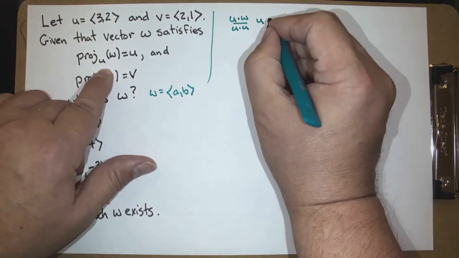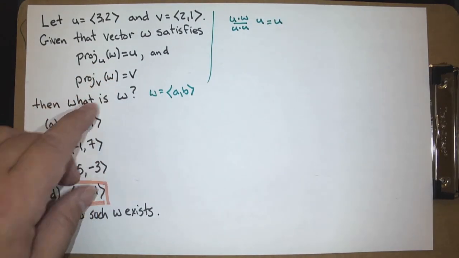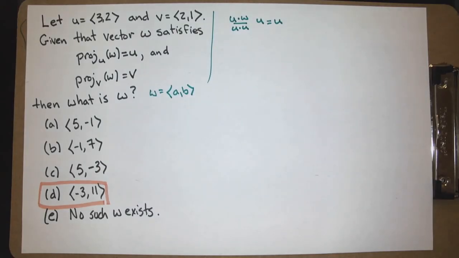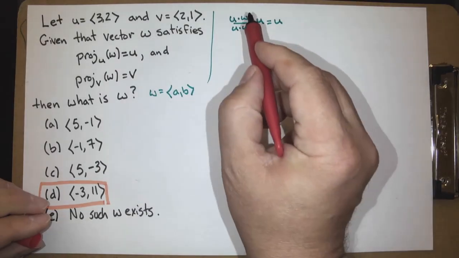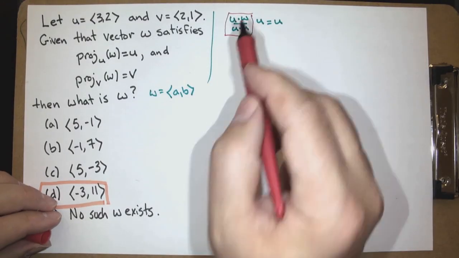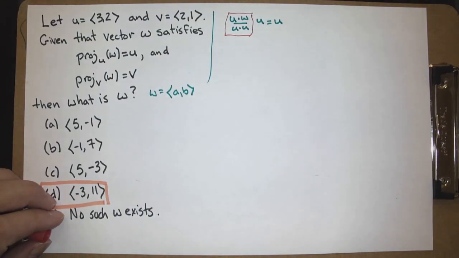We're told that this is equal to U. Well, if that's equal to U, what must be true about this coefficient? It has to equal 1.